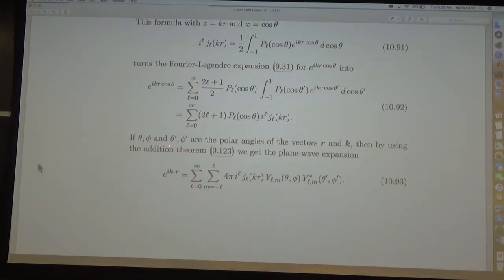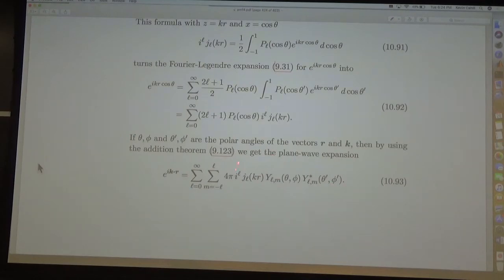If you go to polar coordinates, then what you have is e to the i k dot r, this expression becomes 4 pi i to the L jL of kr, and then spherical harmonics YLM of one angle times Y star LM of the other angle.